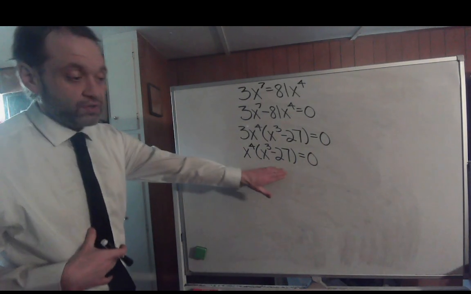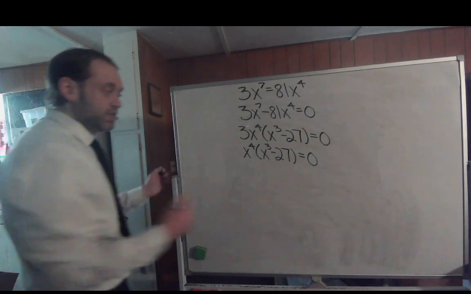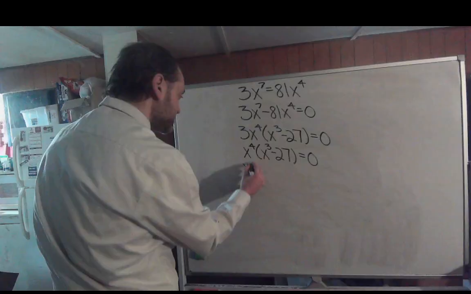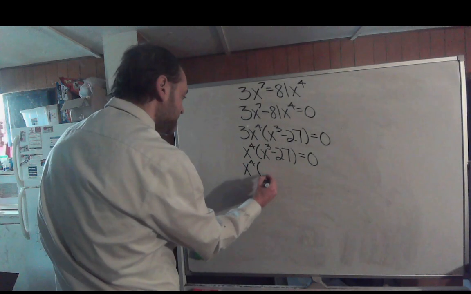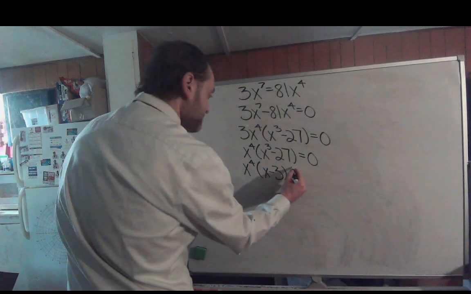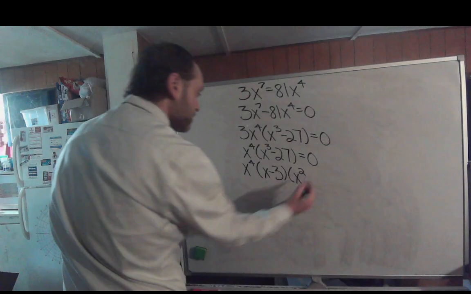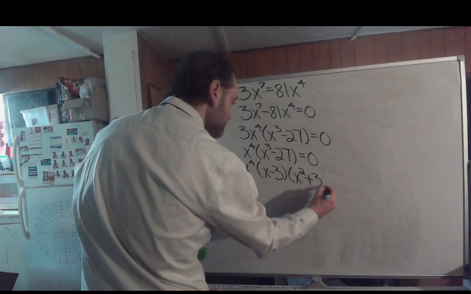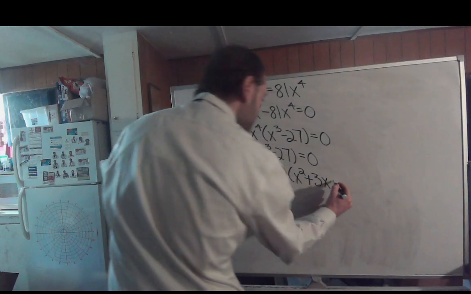Now that x cubed minus 27 is a difference of cubes, so this will factor into x to the 4th times the quantity of x minus 3 times the quantity of x squared plus 3x plus 9.